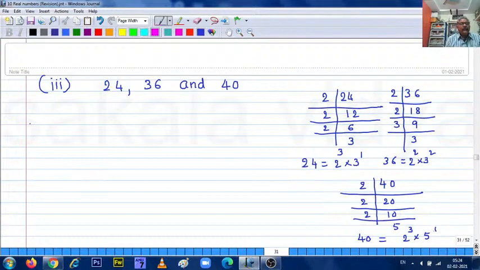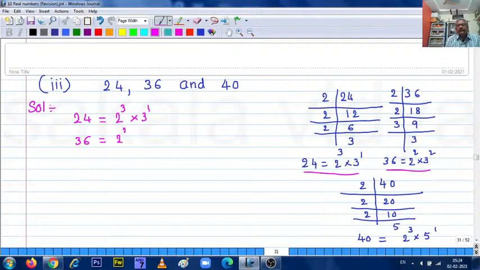So now write down here: 24 equals 2 cube into 3 power 1. 36 equals 2 square into 3 square. Next 40. 40 equals 2 cube into 5 power 1.